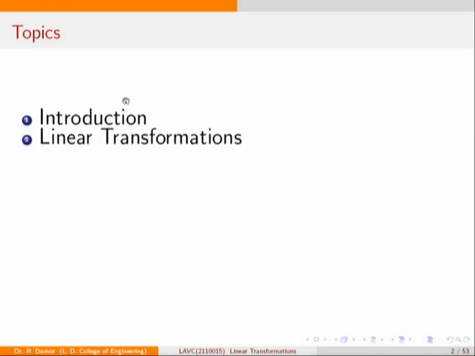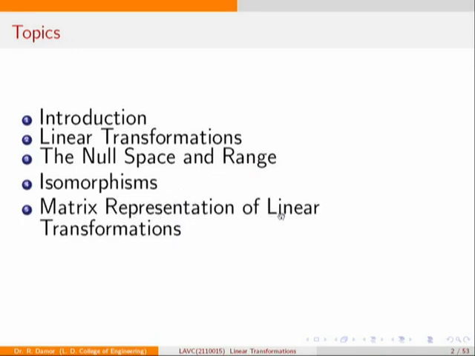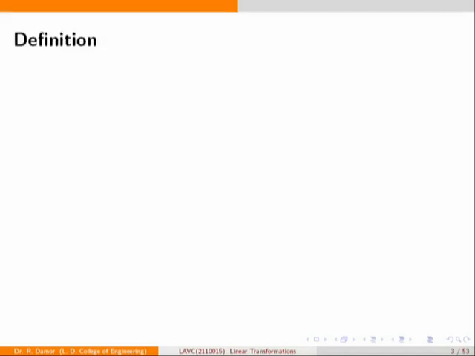First of all, introduction, which we did in our first lecture. Then the definition of a linear transformation, the null space and range, isomorphism, matrix representation of a linear transformation, and similarity. The first and second topics we did in our first lecture, but up to the basic level.